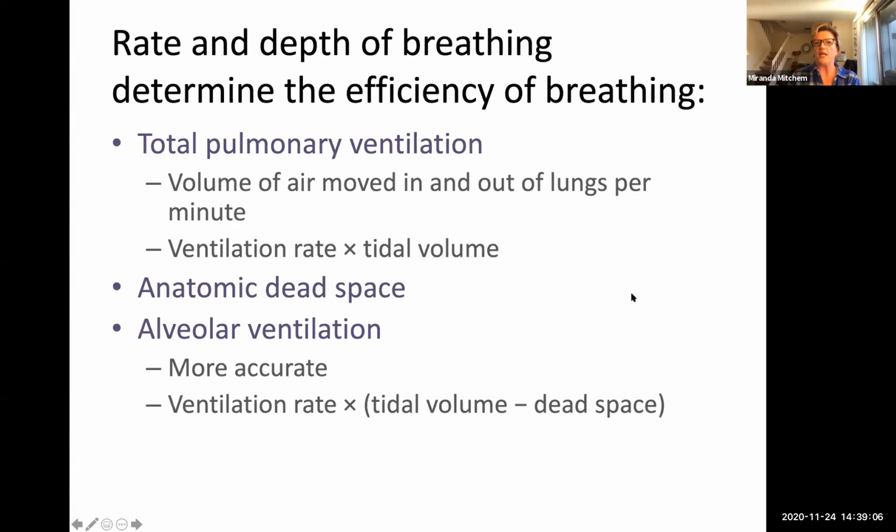So endurance training, like marathon or triathlon training, is a way that a person can start to use more of the reserve volume. Sorry, I couldn't think of the right word there. So our ventilation rate times the tidal volume minus the dead space is an accurate way to look at the ventilation across the alveolar sacs.